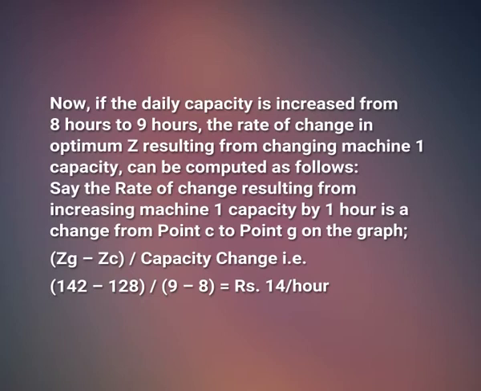Say the rate of change resulting from increasing machine 1 capacity by 1 hour is a change from point C to point G on the graph. Zg minus Zc divided by the capacity change, that is 142 minus 128 divided by 9 minus 8, is equal to rupees 14 per hour.